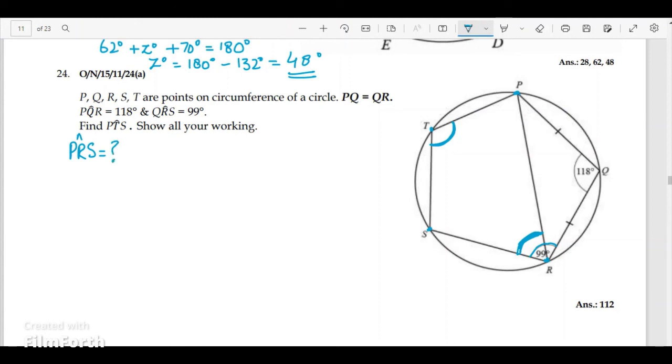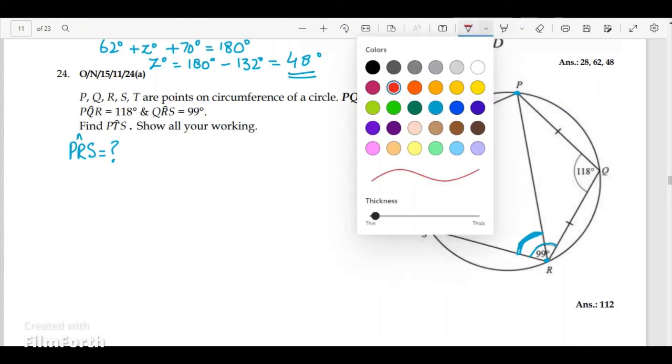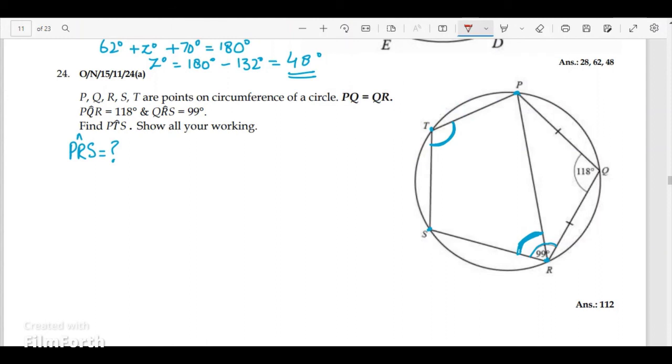So for that, first of all, let's use the isosceles triangle that's given here. Because what I have in my mind right now is if I figure out this angle and I subtract it from 99 degrees, I would get to know PRS. Pretty simple.